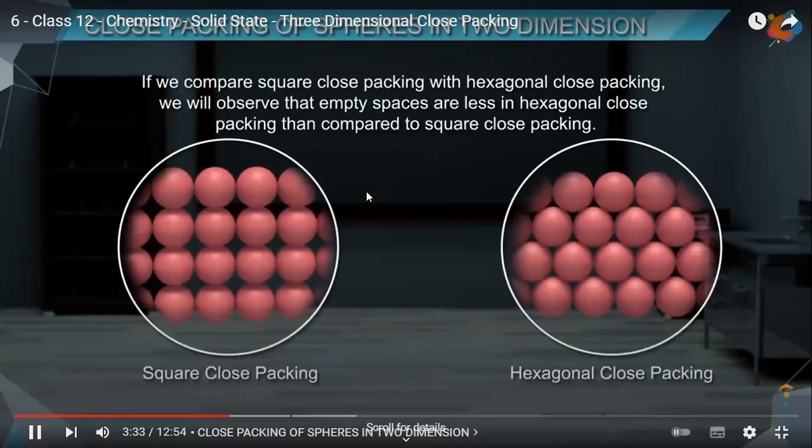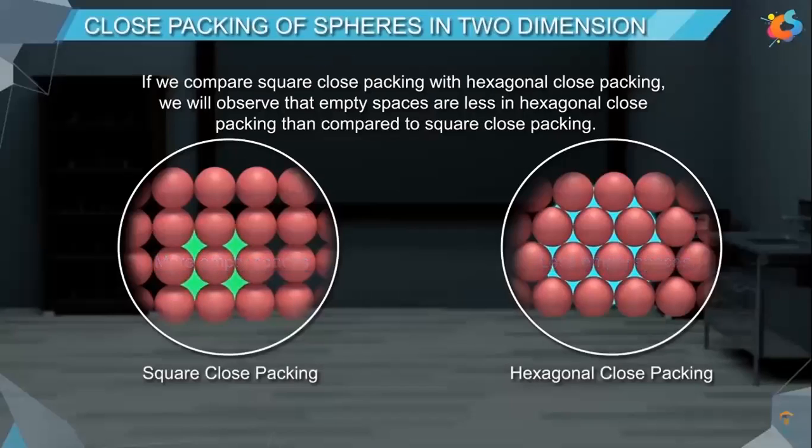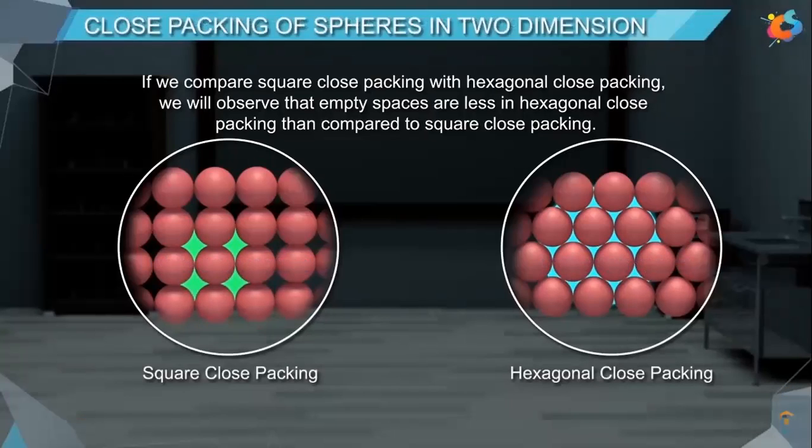If we compare square close packing with hexagonal close packing, we will observe that empty spaces are less in hexagonal close packing than compared to square close packing. Now, what are these empty spaces and what role do they play in packing efficiency? The empty spaces in between the spheres are known as voids.